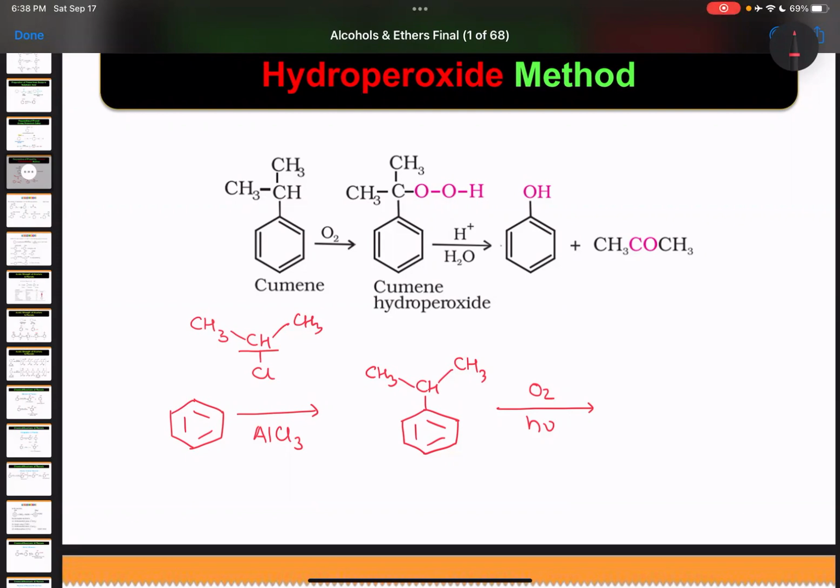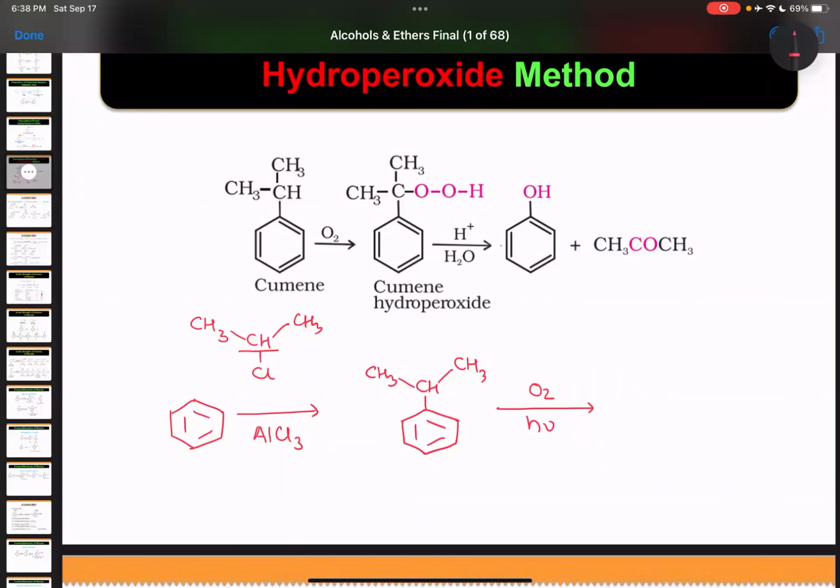Yes, sir. Which hydrogen will be abstracted with most ease? Which is the easiest to abstract? Actually, which hydrogen will react in this reaction? The hydrogen attached to the 3-degree carbon.